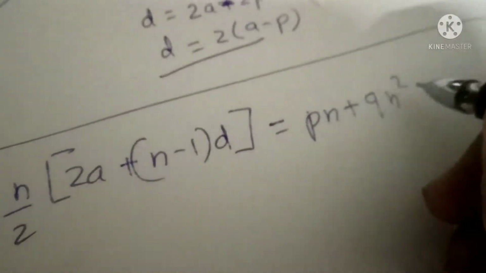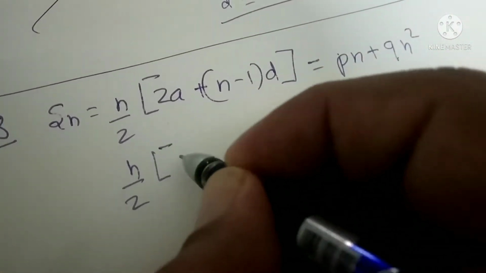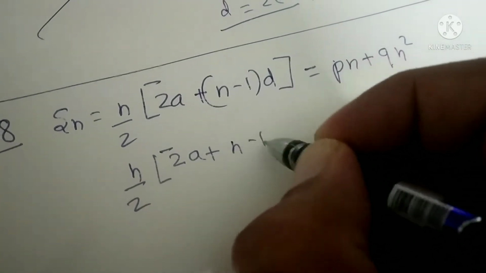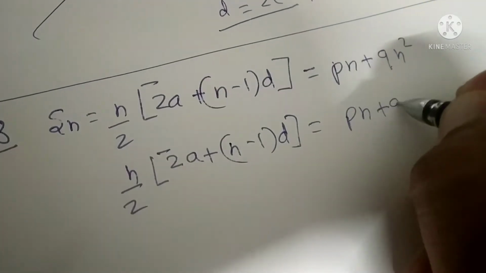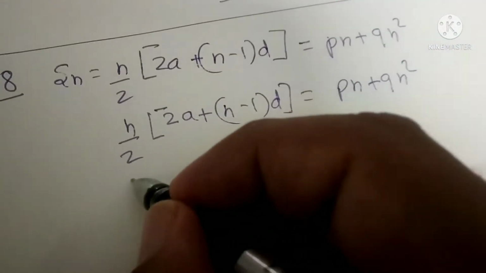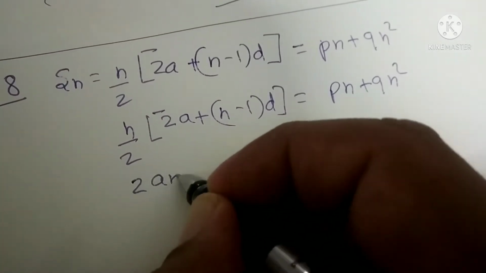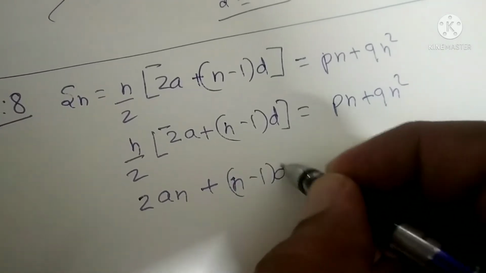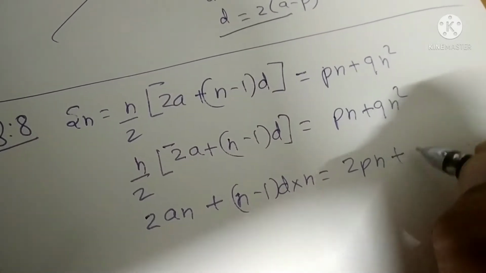So n by 2 into 2a plus n minus 1 whole into d is equal to Pn plus Qn square. So 2an plus n minus 1 whole into d into n is equal to 2pn plus 2qn square.